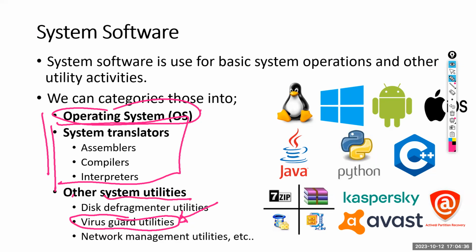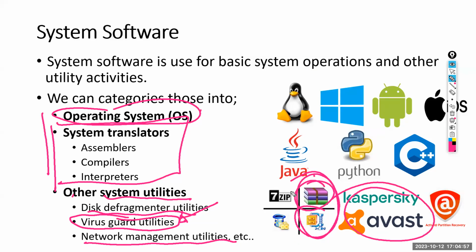Then maybe network management utilities, disk defragmenters, file zip tools like WinZip, WinRAR. We sometimes need to make files smaller, to compress them. You need virus guards and so on. You need to defragment your disk, restore your disk, and so on.